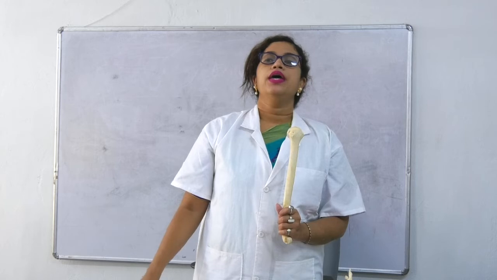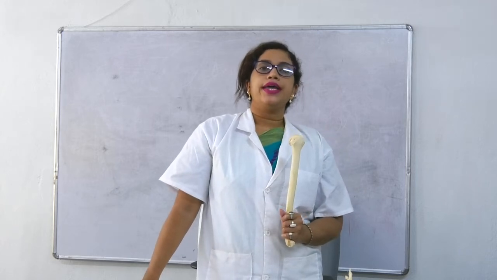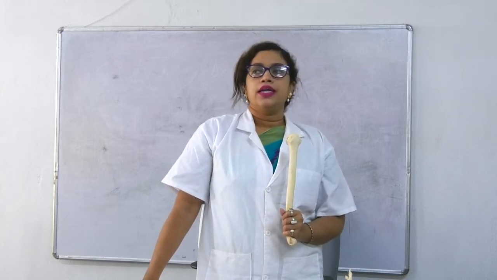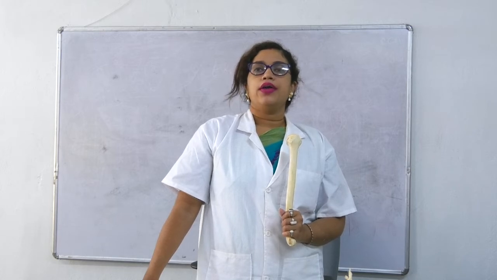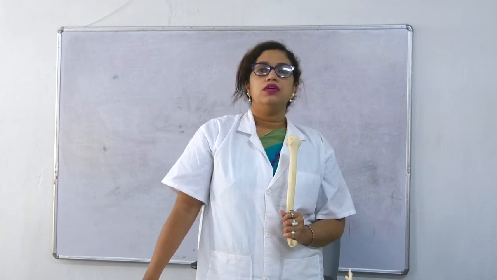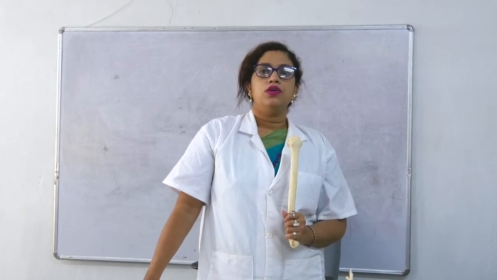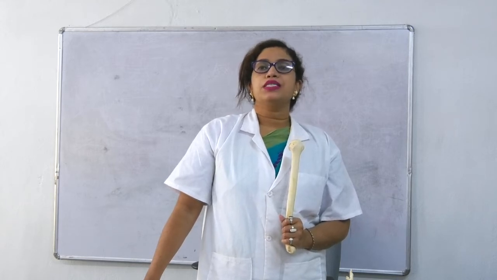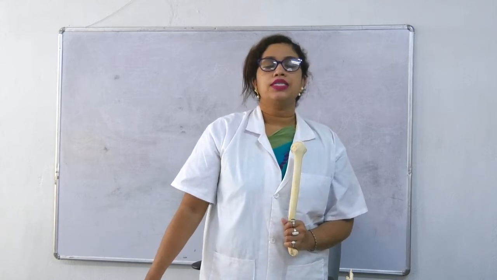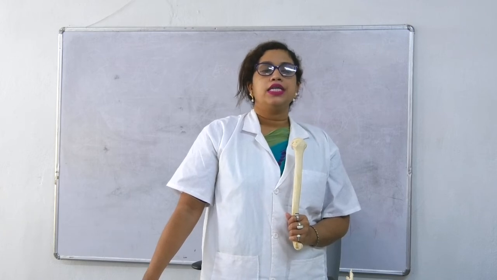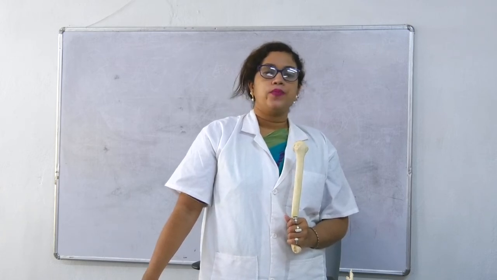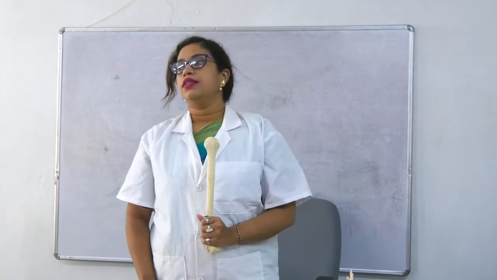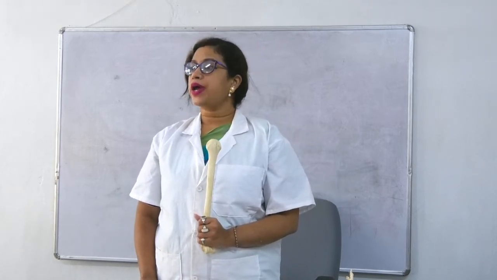So write it down. If there is an injury to the radial groove, the triceps muscle is partially paralyzed, as the long head of triceps is spared.